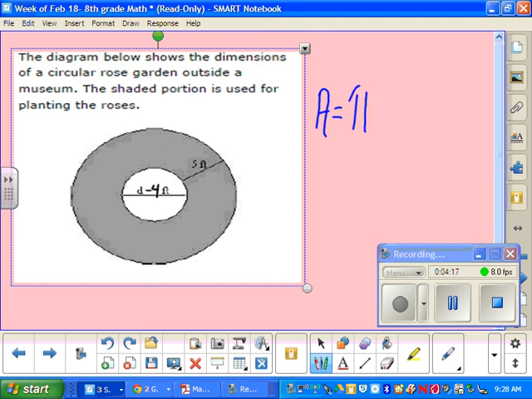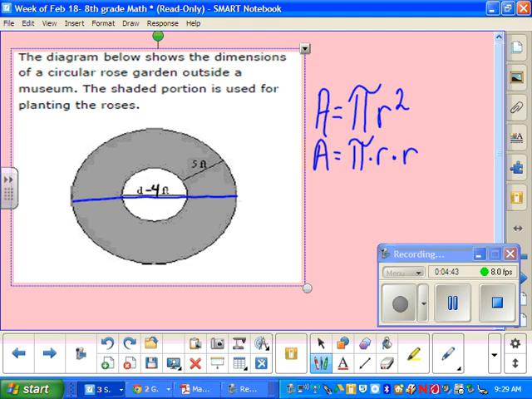Area of a circle is pi times the radius squared. And that is the same thing as saying pi times radius times radius. Okay. And the way that we have to do this, because we're only wanting to know the outside portion, is we have to find the area of the whole entire circle first. And then we're going to subtract that smaller circle that's on the inside.